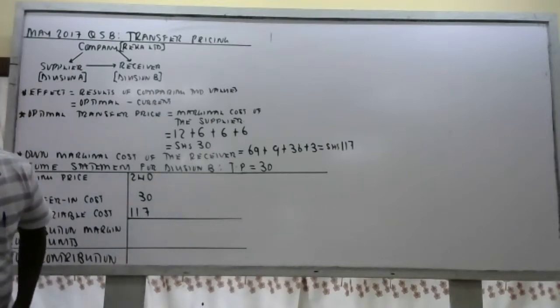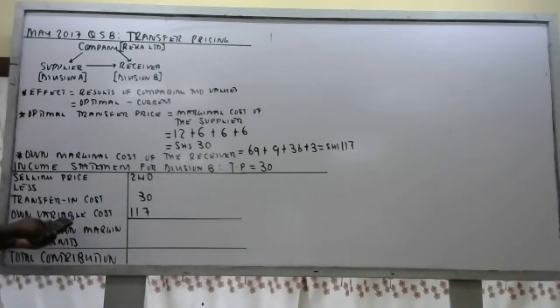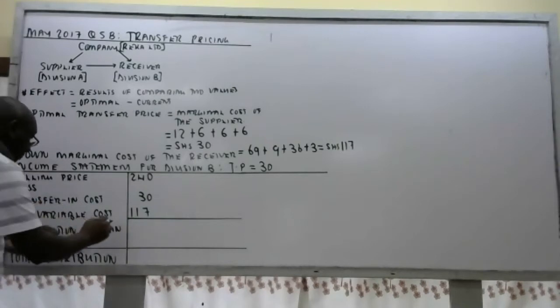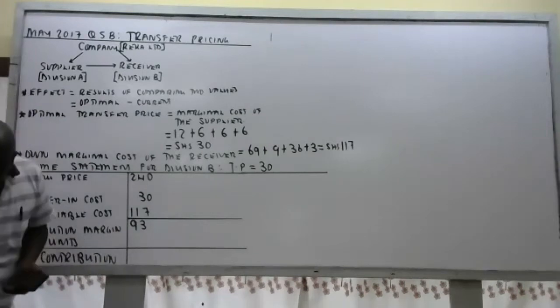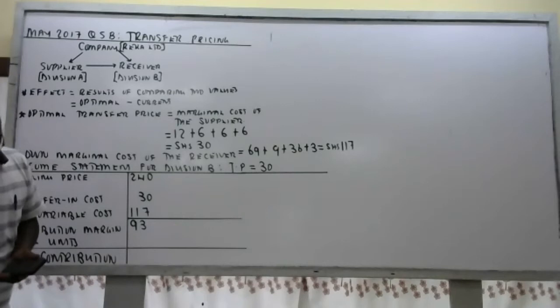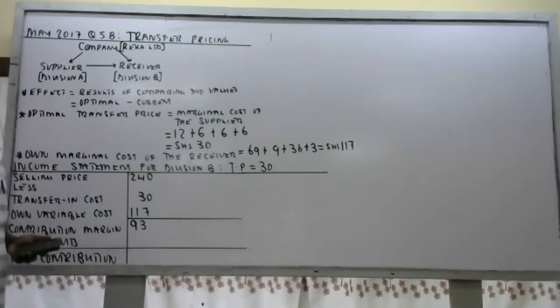So if you take the calculator, 240 minus 30 minus 117, I am getting a contribution margin of 93.